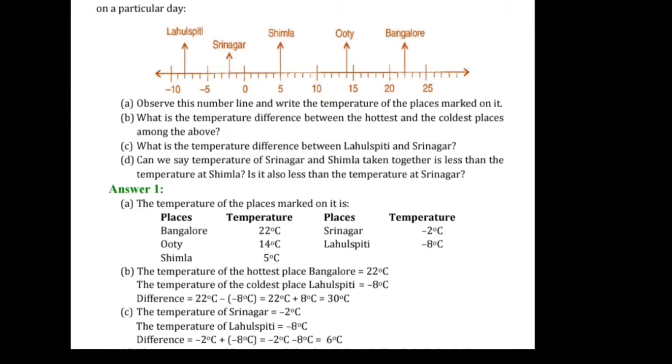Already we found all the cities' temperatures, and which city has the highest temperature? It's 22 degrees, Bangalore. And the lowest temperature city is Lahaul Spiti. So its temperature is -8 degrees Celsius.